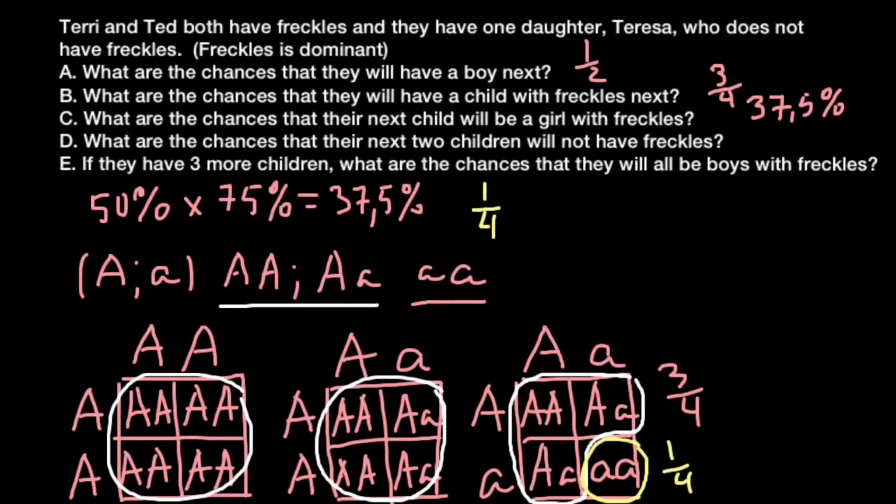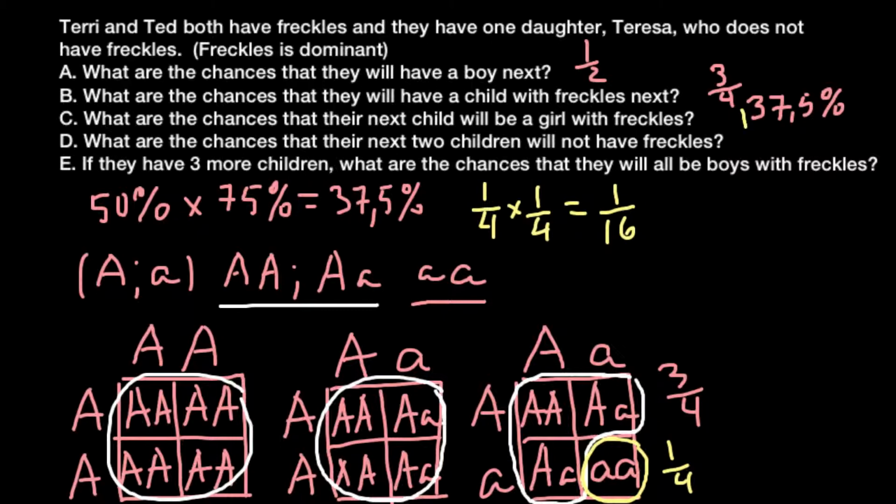The same probability applies to the following child, so 1/4. Once again, these are independent events, so we have to use multiplication here, and the chances would be 1/16. If you need an answer as a decimal, you just have to divide 1 by 16.